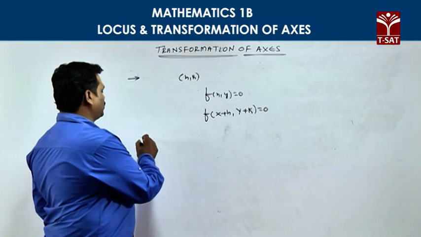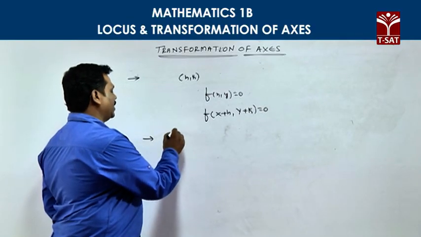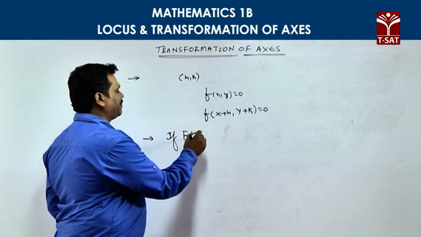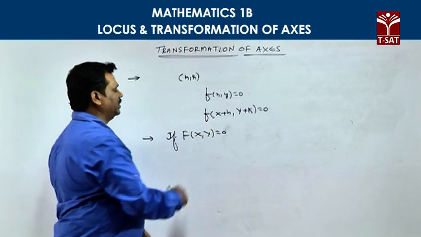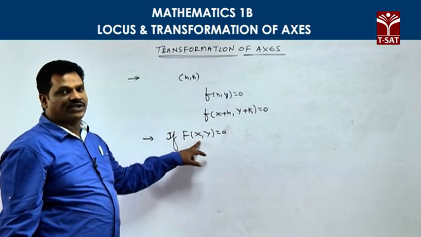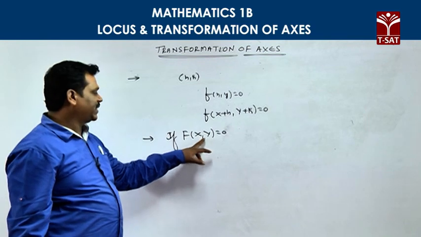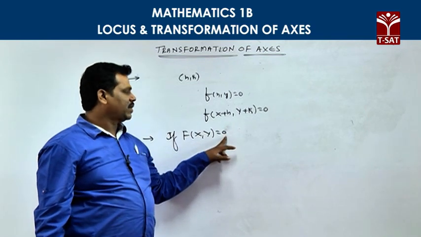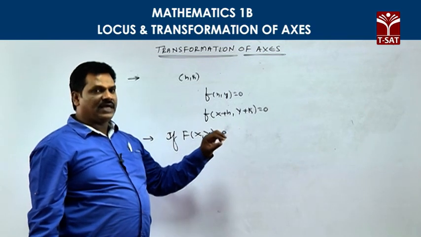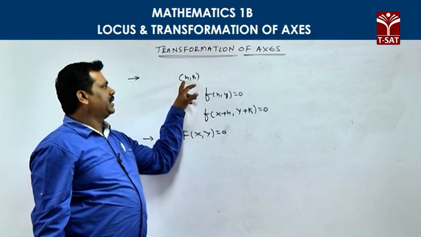For example, the next point: the new equation is given. f of capital X, capital Y equal to 0 is the transformed equation when the axes are translated to the point h comma k.